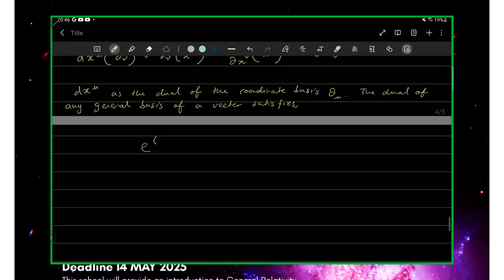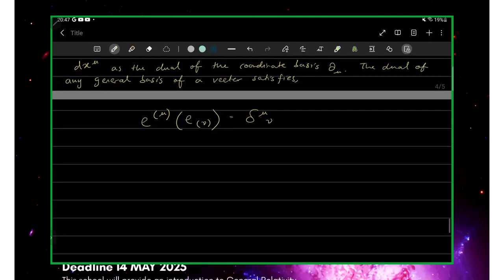Which would mean that if I have a basis vector, which you remember as a vector, which acts on a co-vector or co-basis vector, basically its dual, I should get the Kronecker delta. So therefore, every covector can actually be written with the dual of the basis vector.